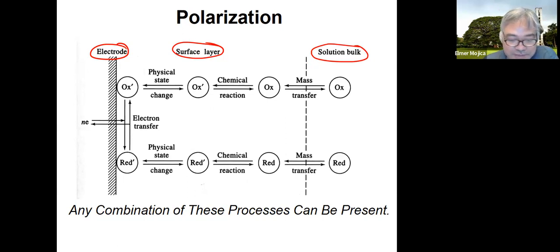So if you're going to look at this, what is the overall reaction here? Ox plus ne producing red.